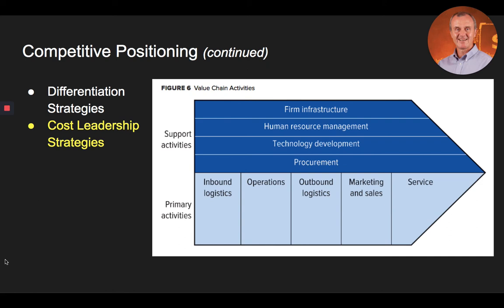By contrast, cost leaders reduce their cost structures to enhance their profitability. And finally, there are a number of ways that firms might go about formulating and implementing differentiation and cost leadership strategies, including lean manufacturing and business process reengineering.